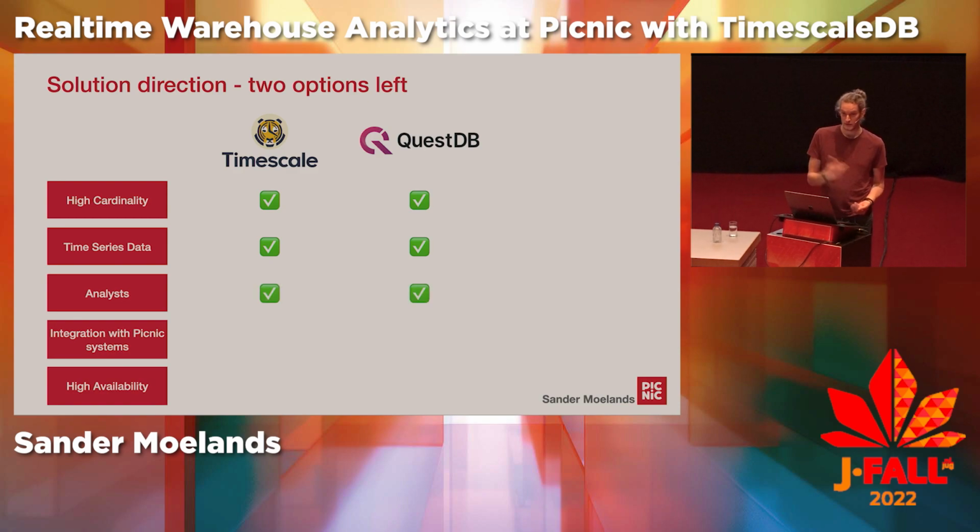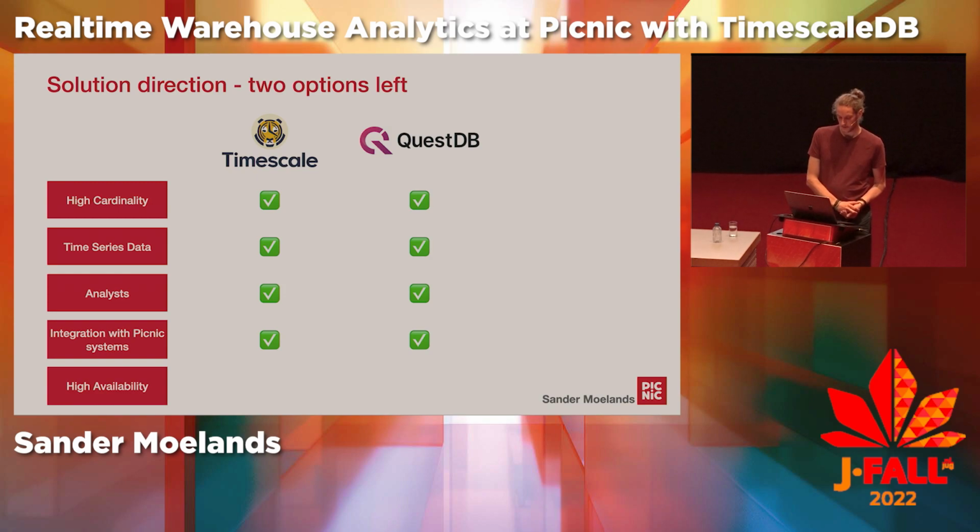Our analysts, as I said, are avid SQL users, they can definitely work with this. They don't have to learn anything new, maybe some time series related functions, but besides that, they can just use the language that they know. So that's really a big plus as well.